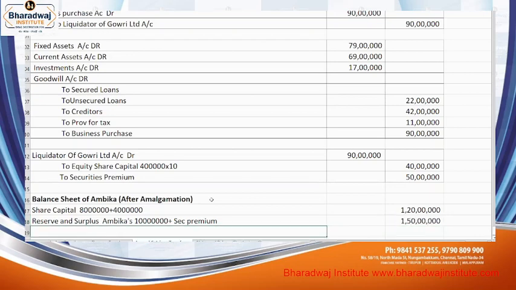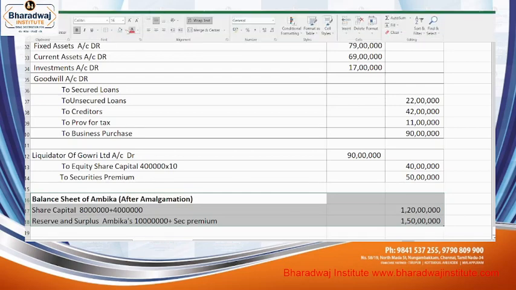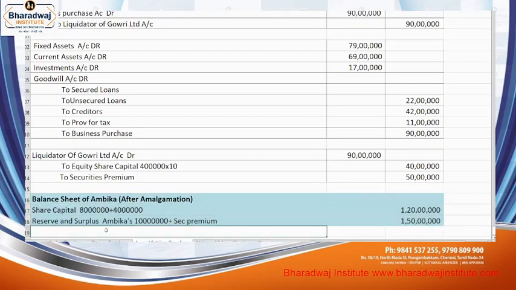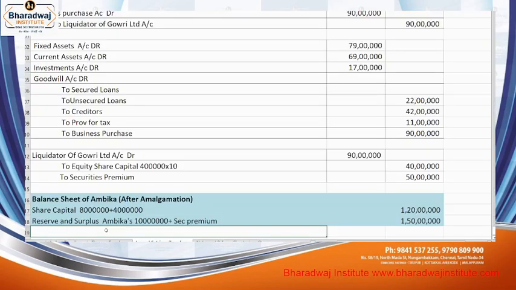Then, what else is there in liabilities? Long term borrowings. Long term borrowings, secured plus unsecured loan. Ambika plus Gauri.